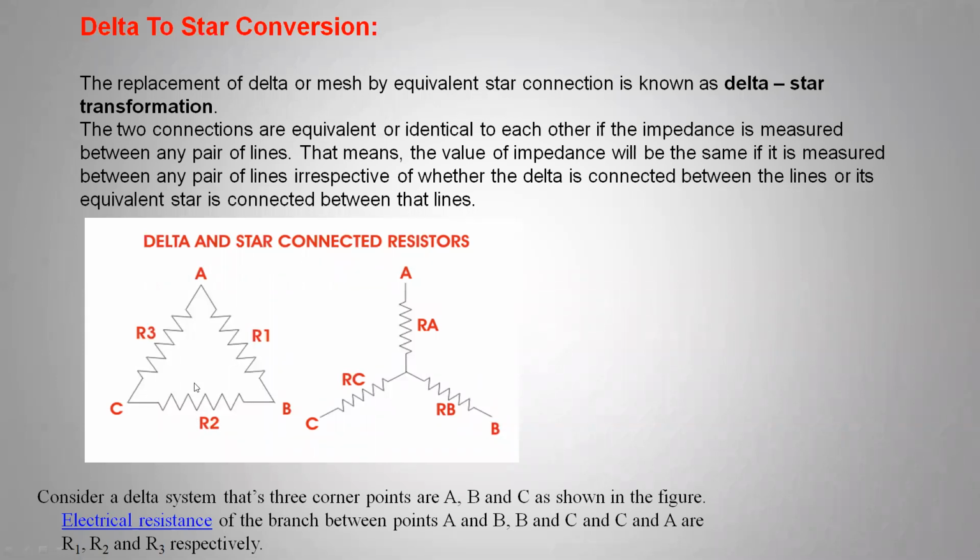The branch between points A and B is R1, B and C is R2, A and C is R3. This is the delta connected system, and this is the equivalent star system.